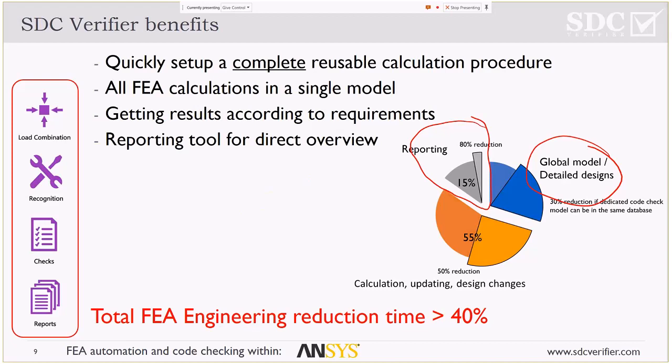You can save a considerable amount there, and in the engineering process, updating your model, rechecking your results, comparing changes in your design compared to the previous one, all these kinds of things, because everything is automatic, you can save a lot of time there also. So overall, you can easily reduce the total engineering time by 40%. Yeah, so that is, I think, a very good argument for clients to buy SDC Verifier together with Ansys.